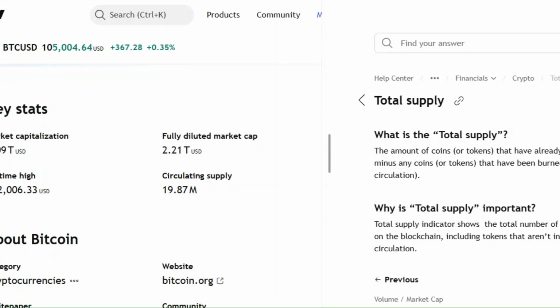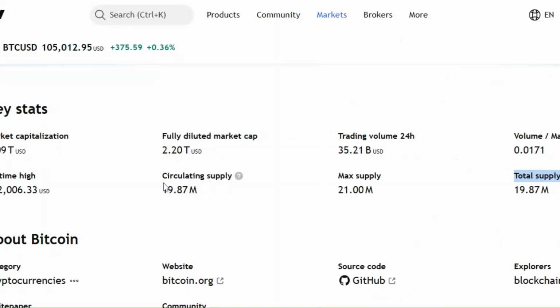This is the amount of coins that have already been created minus any coins or tokens that have been burned, removed from circulation. Okay, you can see the circulating supply, fully diluted market capitalization, $2 trillion, guys.